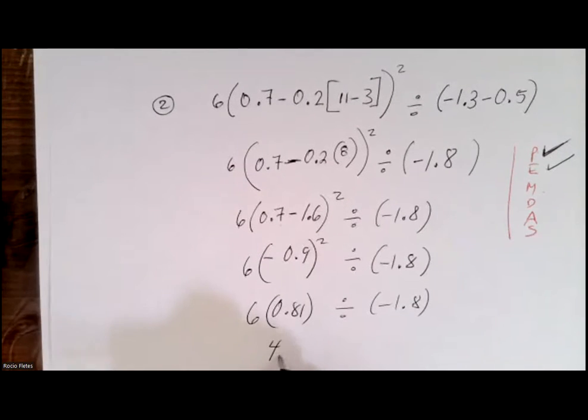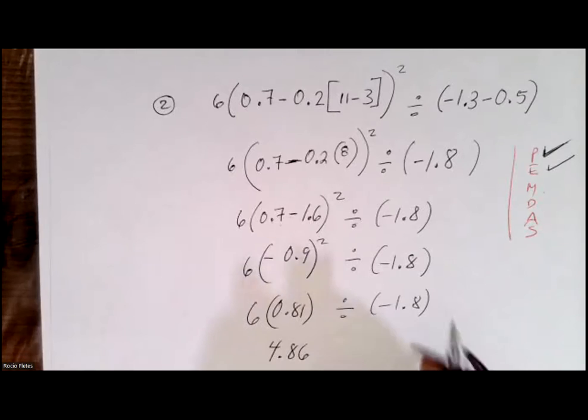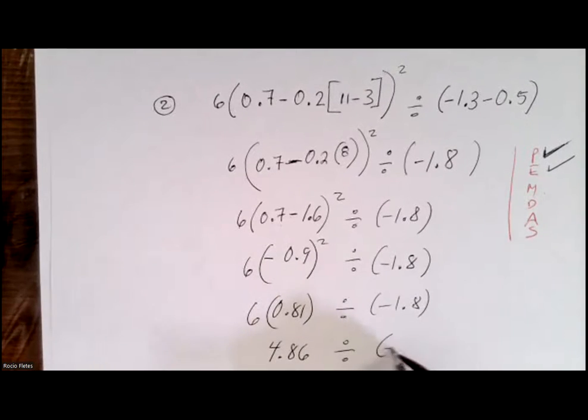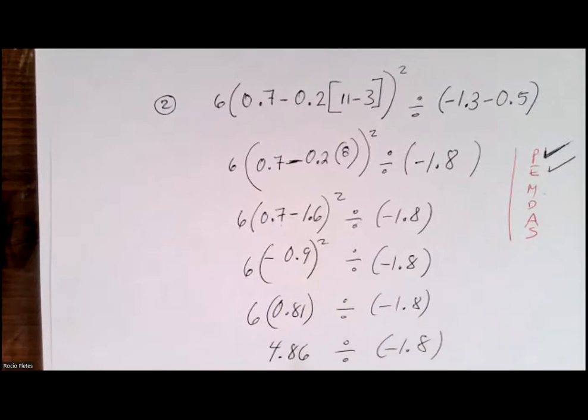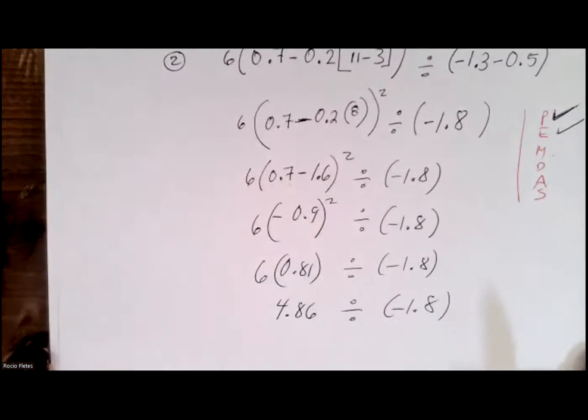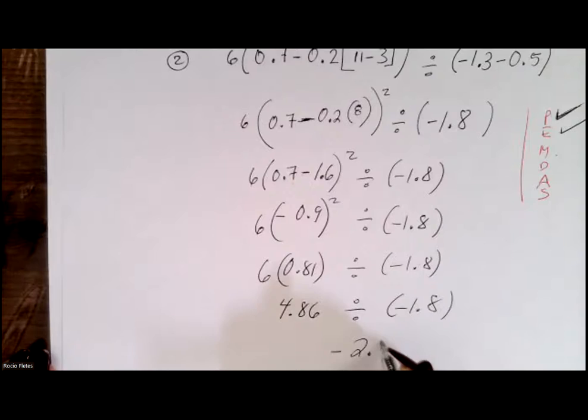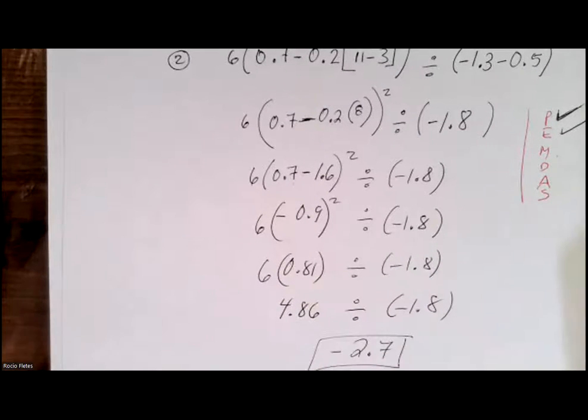Gives me 4.86 divided by negative 1.8, right? And so then you go ahead and divide, and you get negative 2.7 because a positive divided by a negative is a negative.